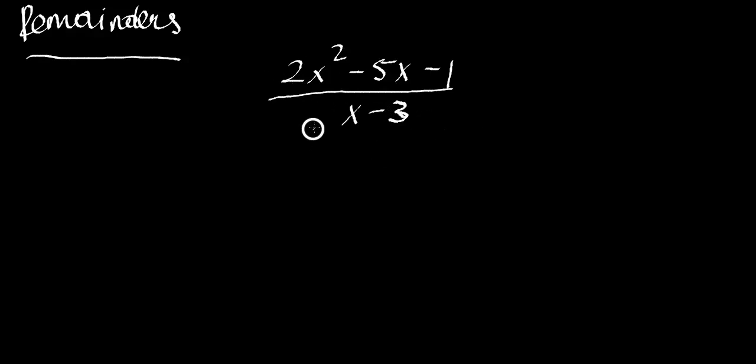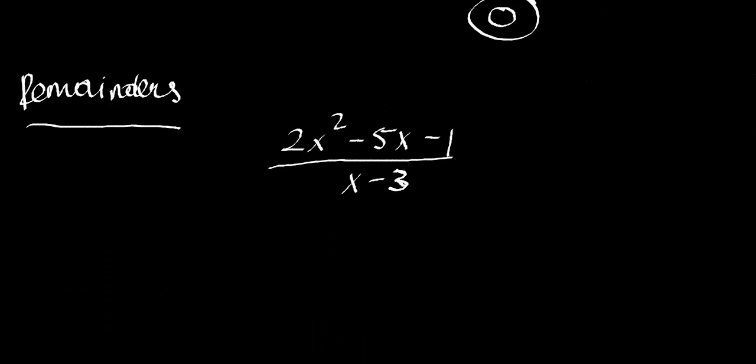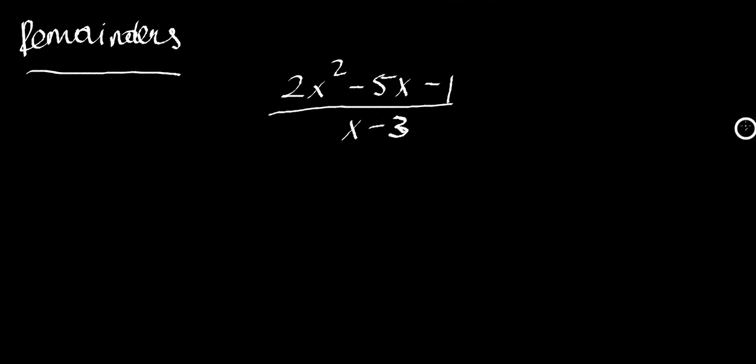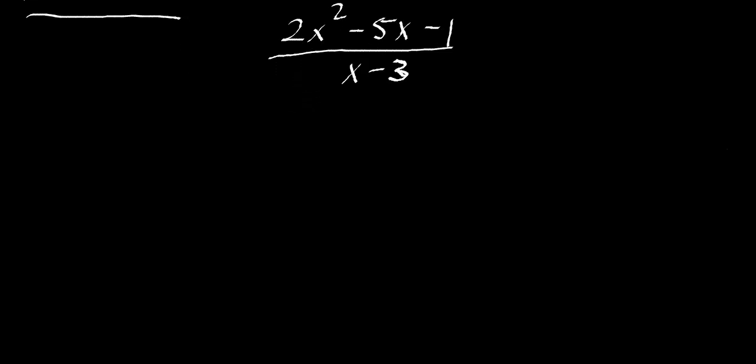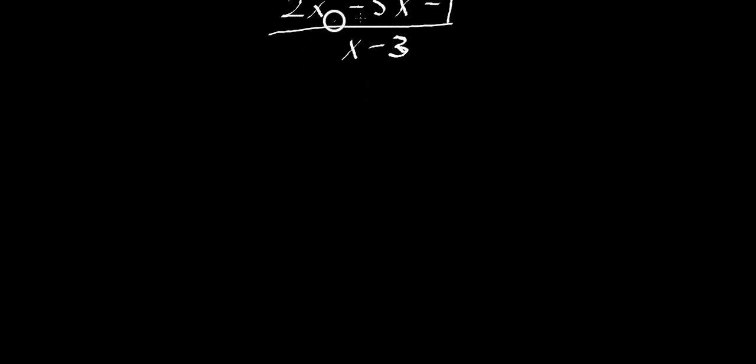You will not be able to get clean factors, just like we did here. And the answer is going to be a little bit different, maybe a little bit messier, but it's fairly short, so it's okay. Okay, let's use long division.